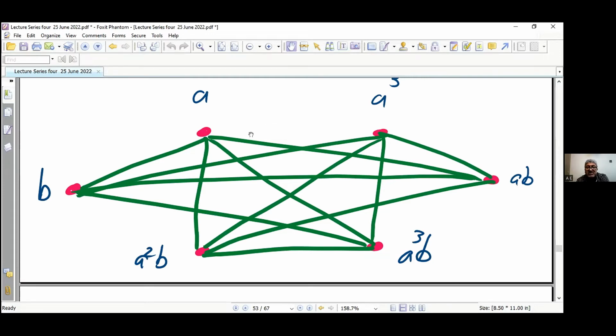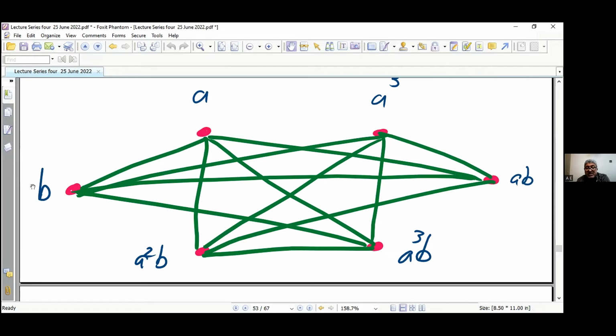Now, how about the distance between, for example, A and B? A and B have an edge, so the distance is 1. How about B and A cube B? The distance is 2 because they are not adjacent, but we can choose the path from B to A cube, and A cube to A square B. So the distance between B and A square B is 2.